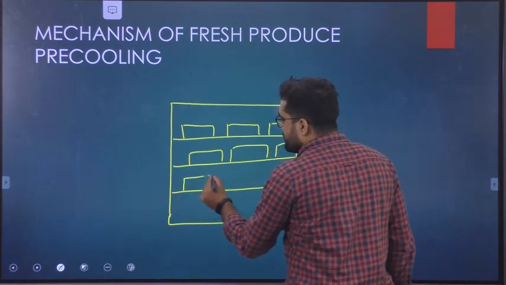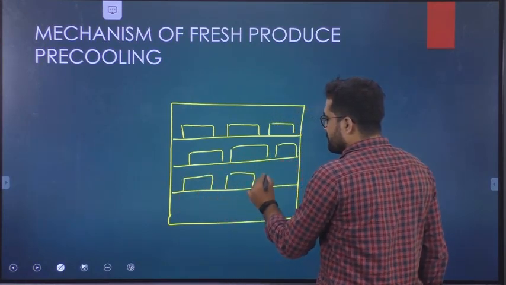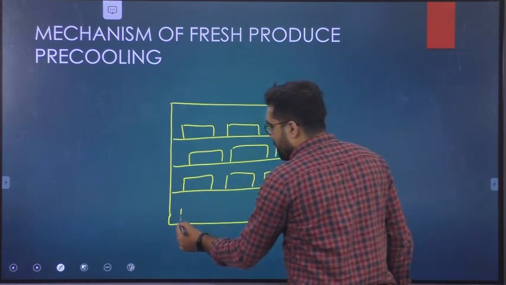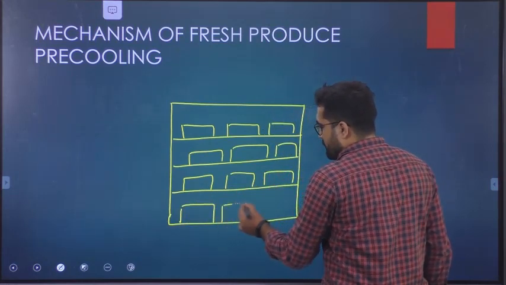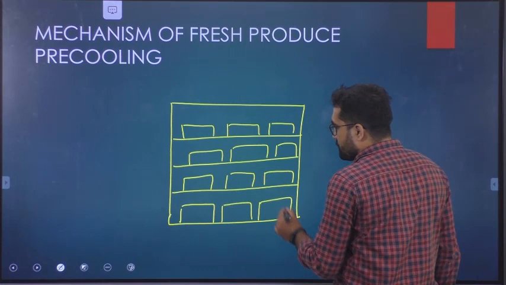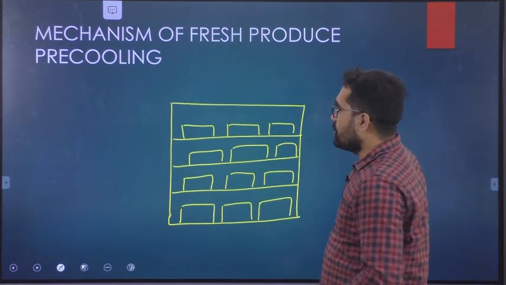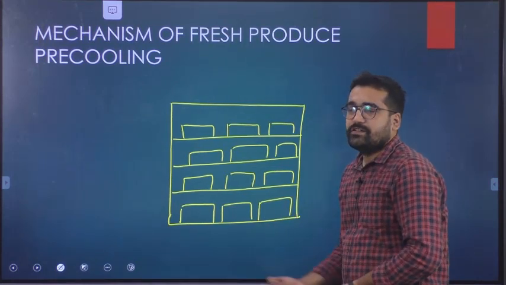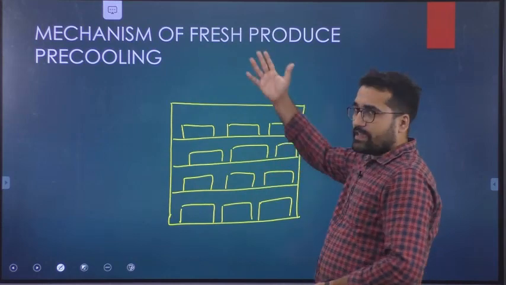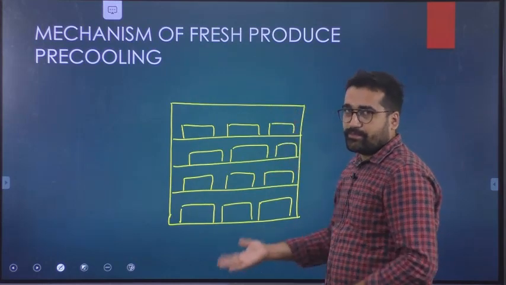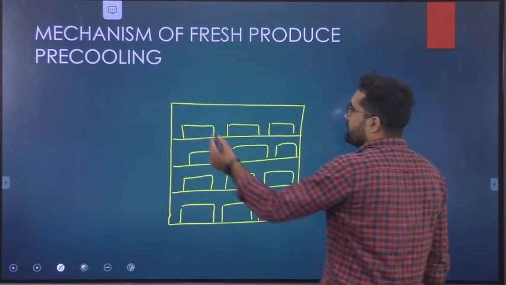Let us consider these are crates of fruits which we are going to preserve for a longer duration. And let us assume this is a sprinkler, like a water hydro type pre-cooling system. So we should provide some sprinklers.